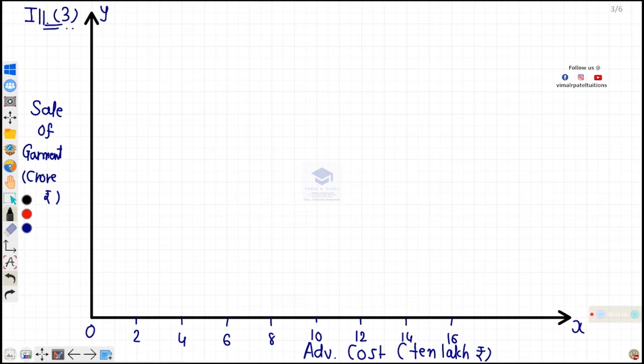The maximum value of y is say 70. So we can take 1 centimeter equal to 5. 5, 10, 15, 20, 25, 30, 35, 40, 45, 50, 55, 60, 65 and 70.